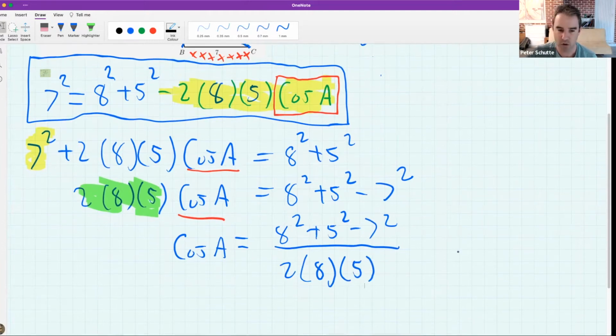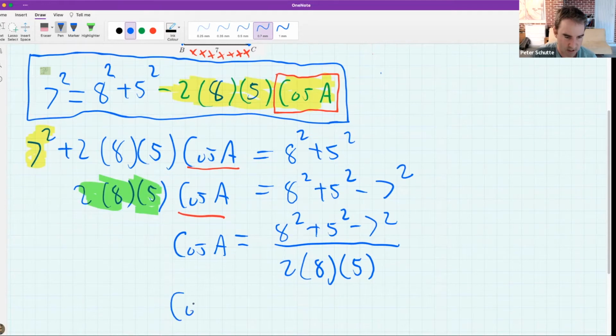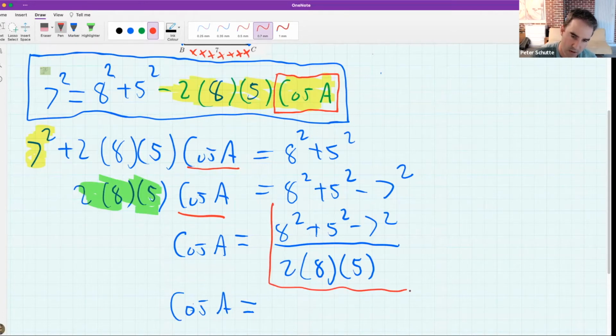So what I want you guys to do, and I want you to put this in the chat, is what is the number that I get if I go 8 squared plus 5 squared minus 7 squared over 2 times 8 times 5?